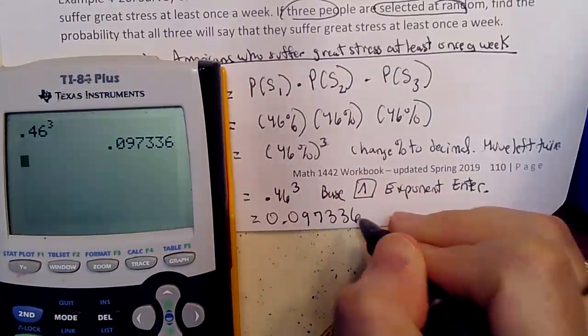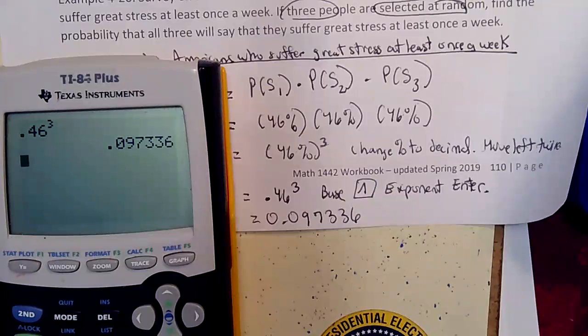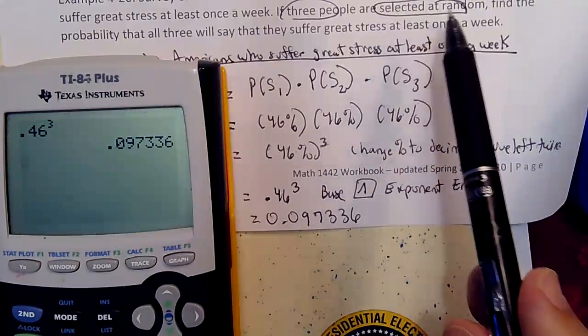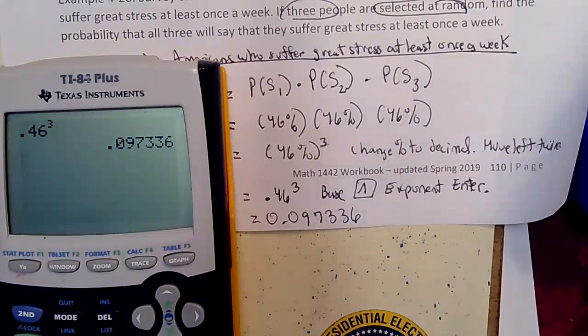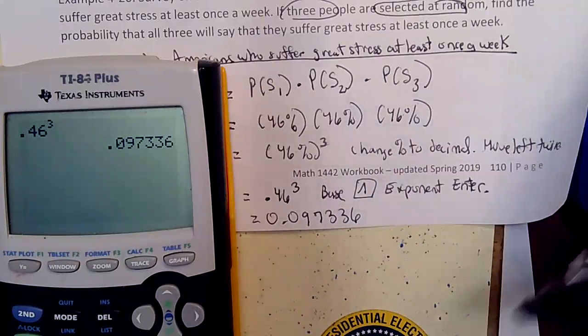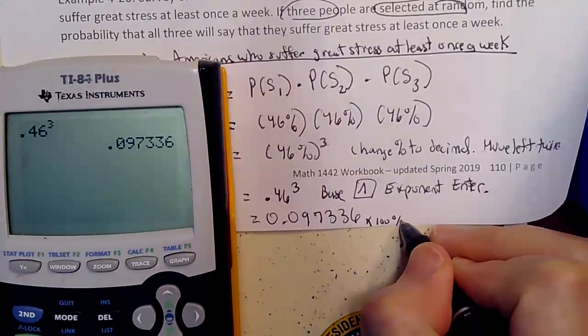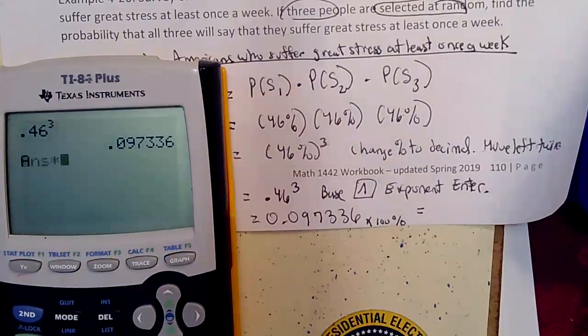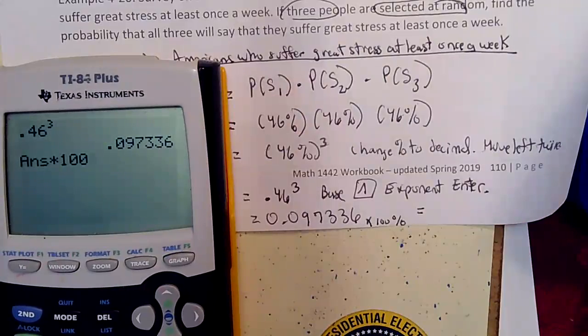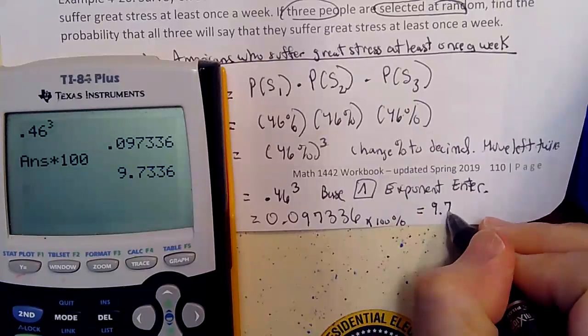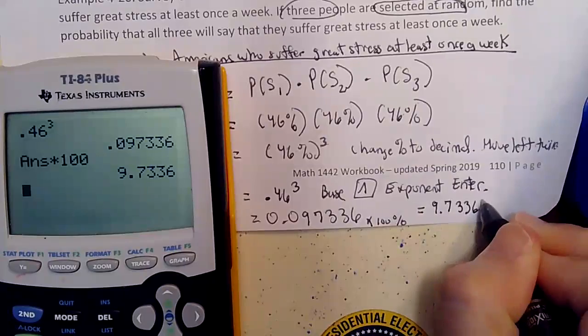Then I'll change this decimal to a percent, because it started off as a percent, 46%. Your Connect Math will probably want you to put it as a percent too. So I multiply by 100%, and it's about 9.7336%.